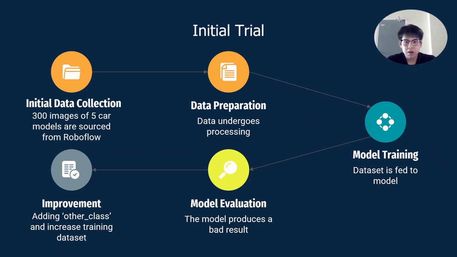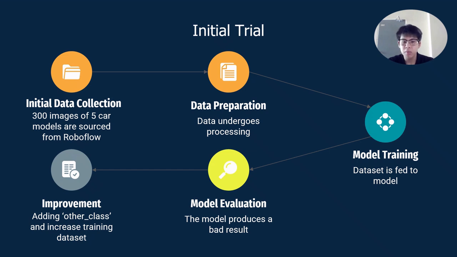So let's have a look at the initial trial of our model training. Initially we took 300 images for each of the car models, sourced from the website called RoboFlow. After we did the data pre-processing for the collected data sets, we passed the data set to train a model.